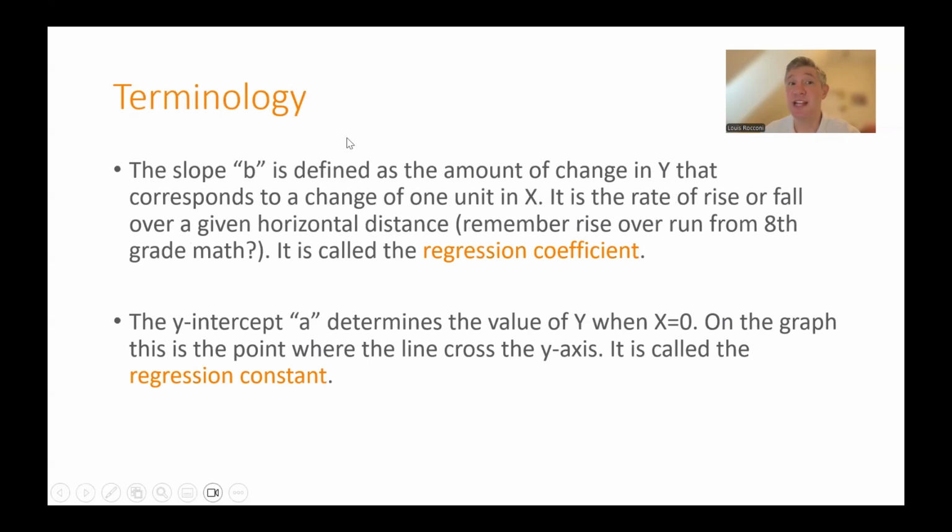The slope, or the B coefficient here, is defined as the amount of change in y that corresponds to a 1 unit change in x. It's that rise over run.